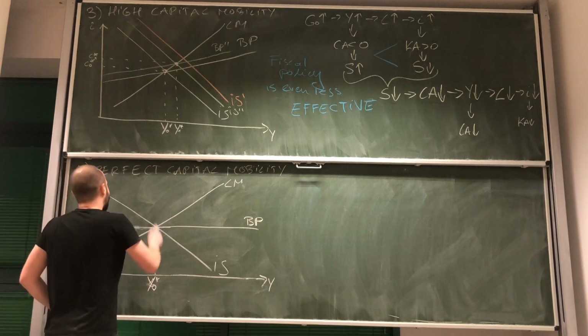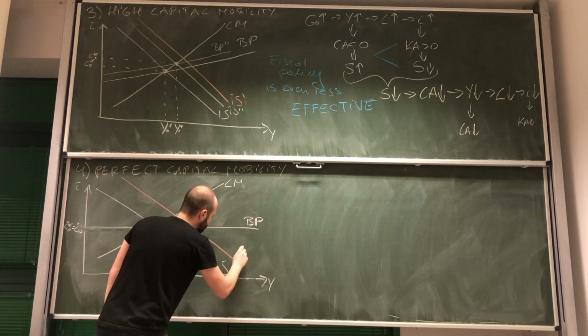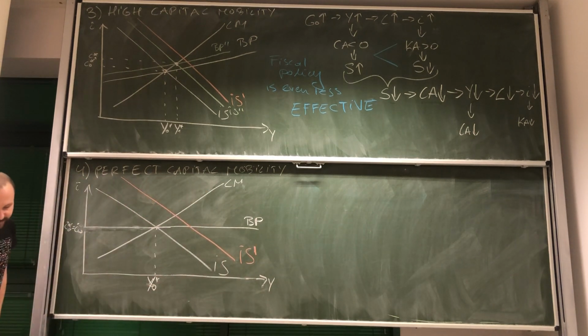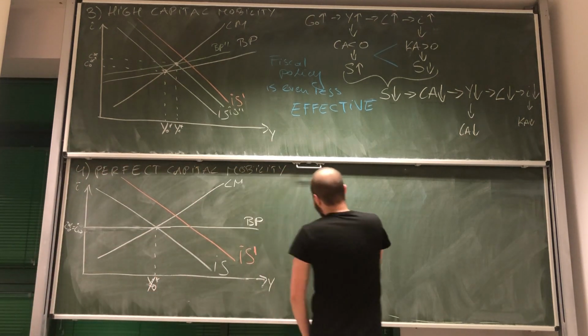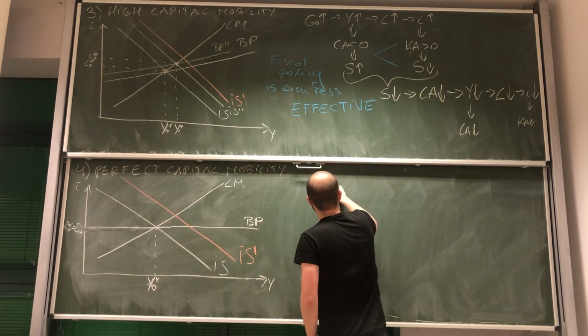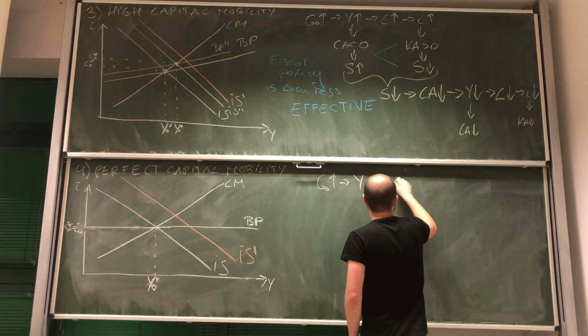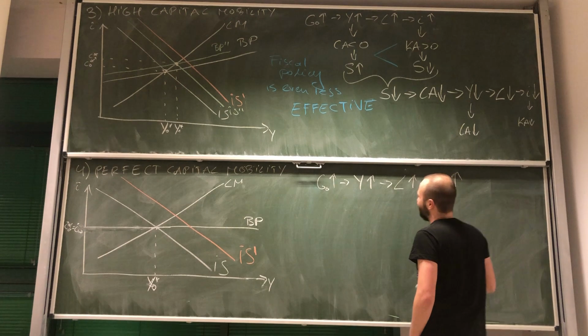So again, government increases level of spending. What happens next? Well, government increases level of spending, income increases, money demand increases, and interest rate increases.